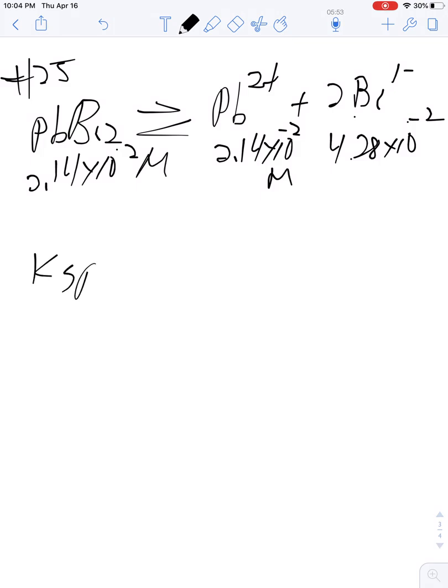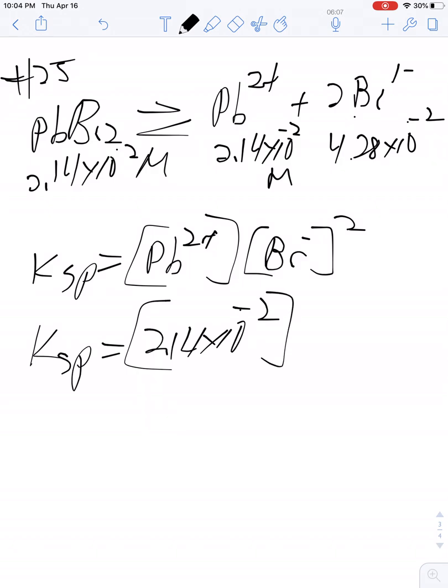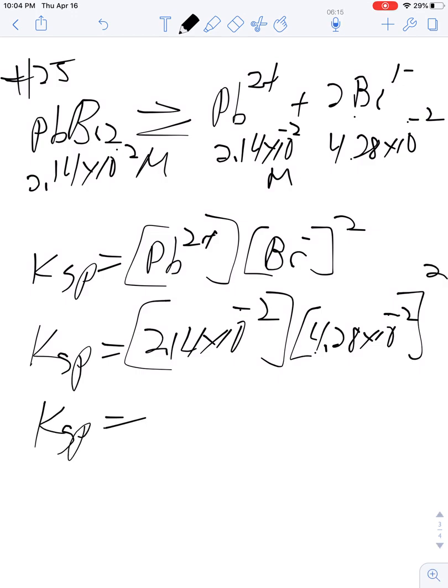So my KSP is going to be my lead ions, my bromide ions squared, and then my KSP will be, and I get 3.92 times 10 to the negative fifth KSP.